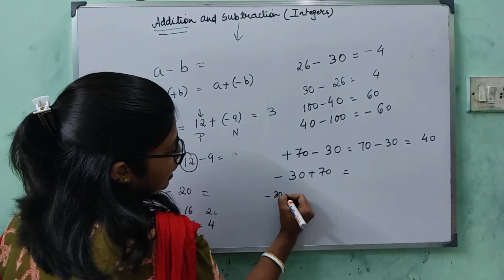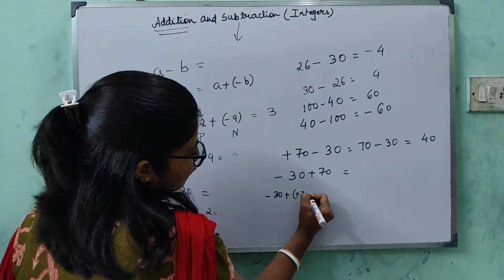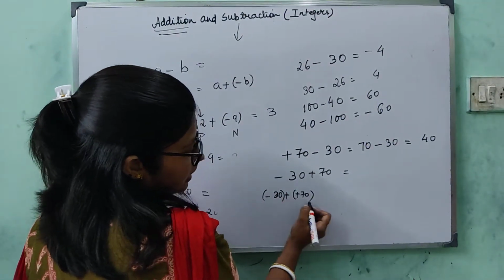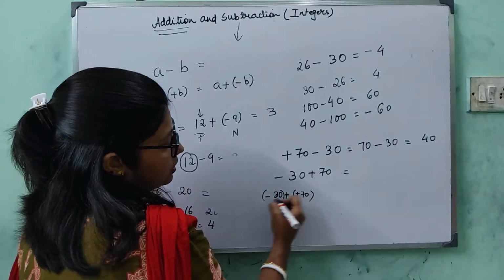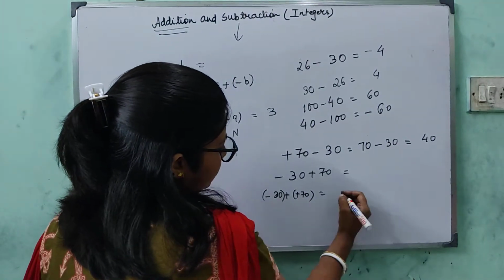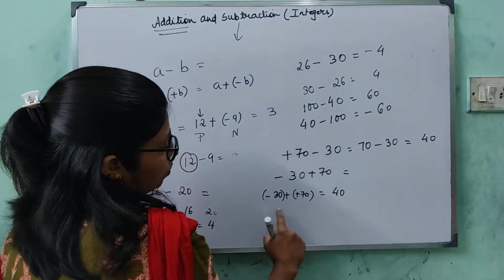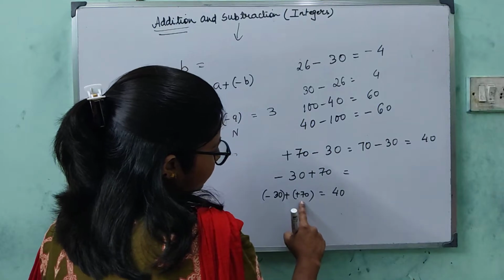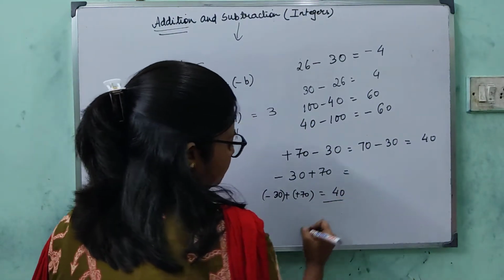So you can think of it in this way, plus of plus 70. So it is now in the form of an addition sum. So minus 30 and 70, the difference is 40. Now what is the sign of 70? Because 70 is more than 30, the sign of 70 is plus, so plus 40.